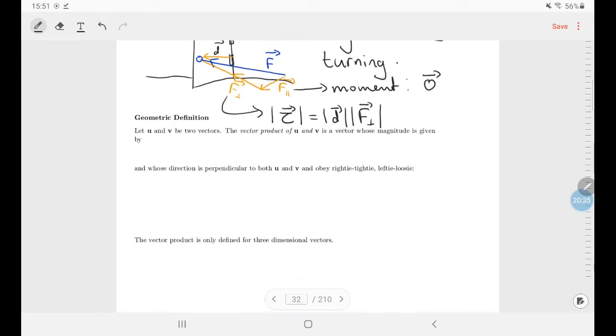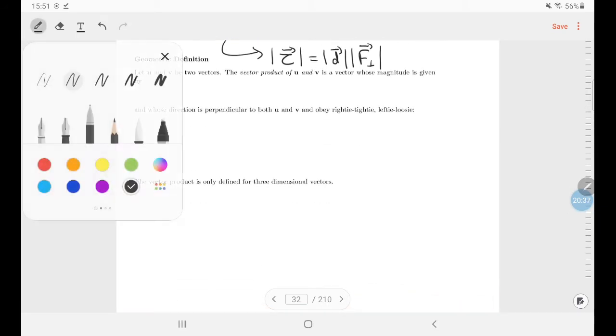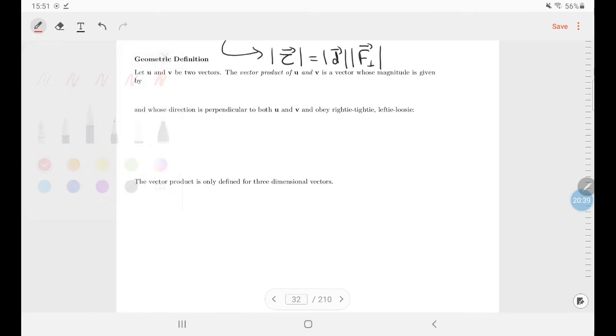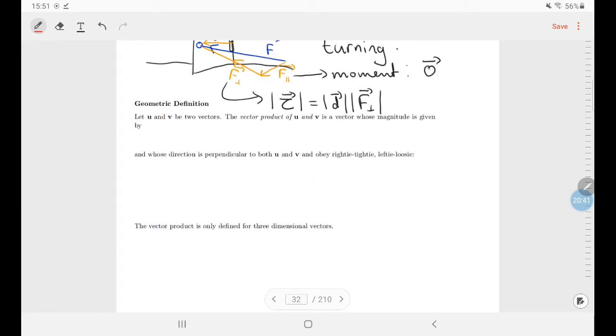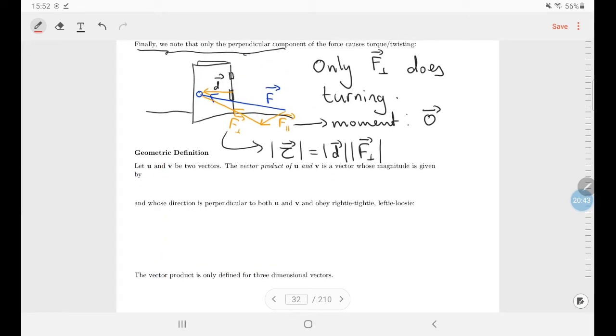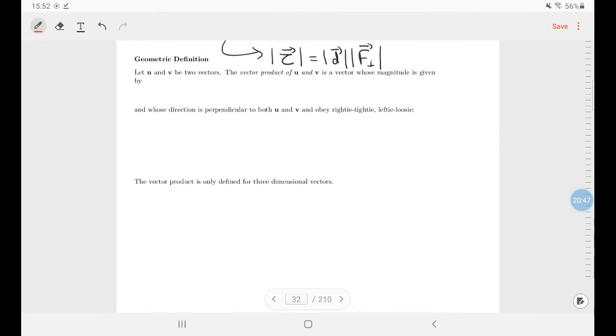Yeah. So what I want to say is the following. The inspiration is coming from forces and displacements and moments, but now we're going to go just abstract. So your vector u, and a vector v. Okay, and I'm going to put down the angle in between them, which I'm going to call theta.